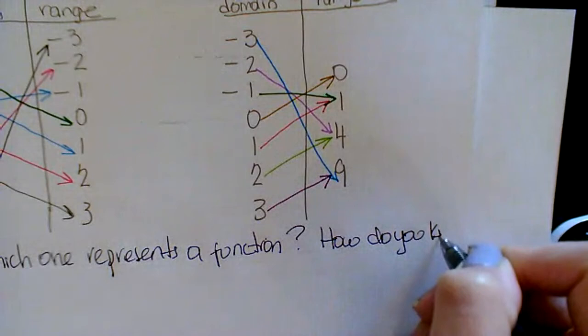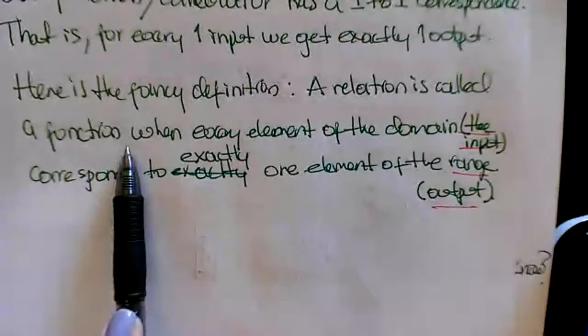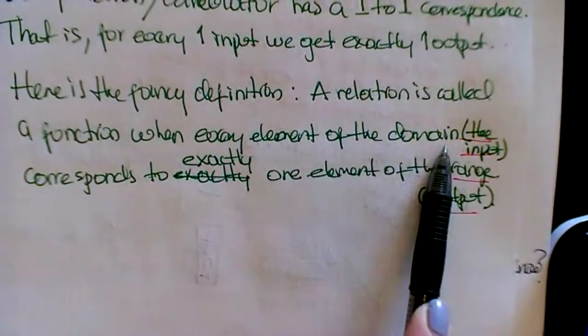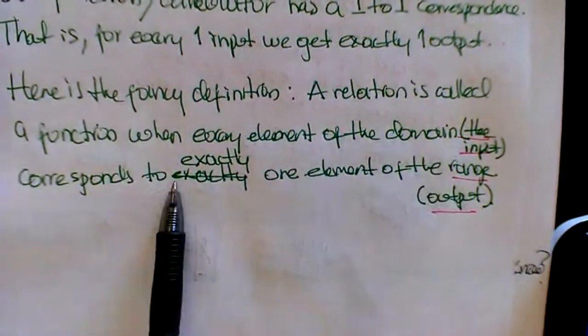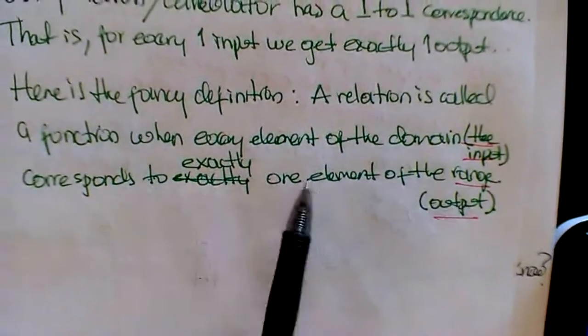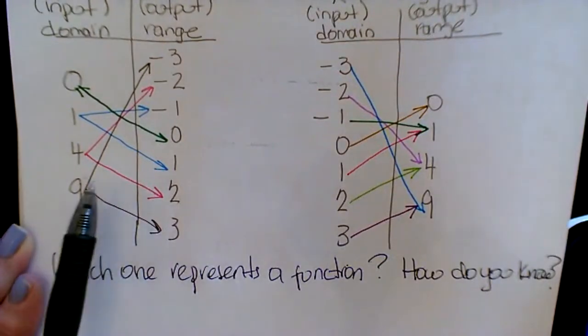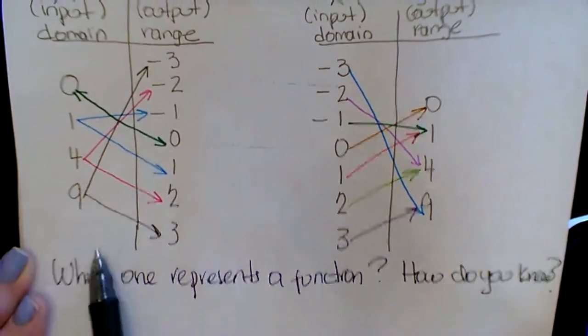We said that a relation is called a function when every element of the domain, the input, corresponds to exactly one element of the range. Is that happening in the first example?